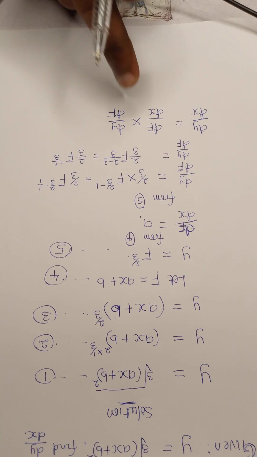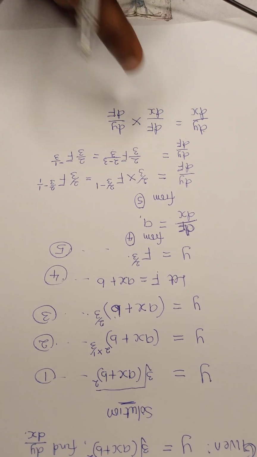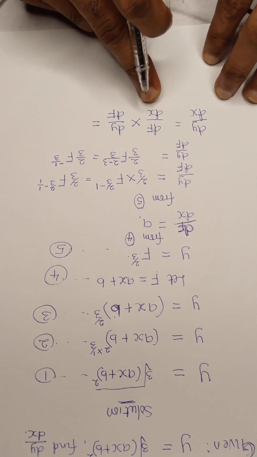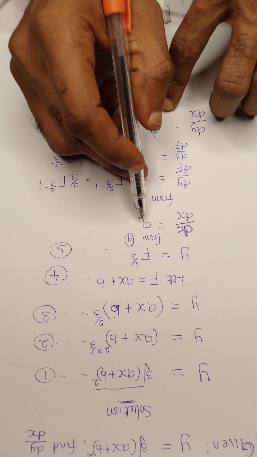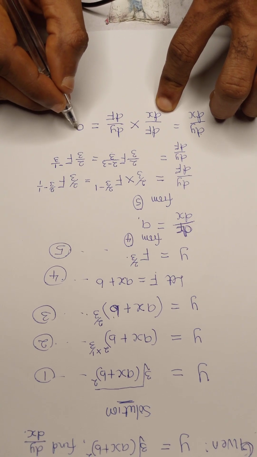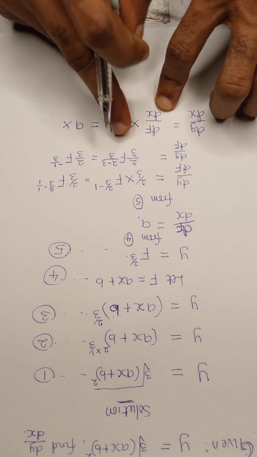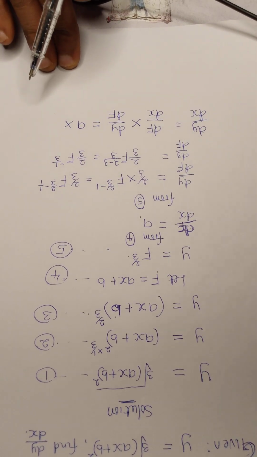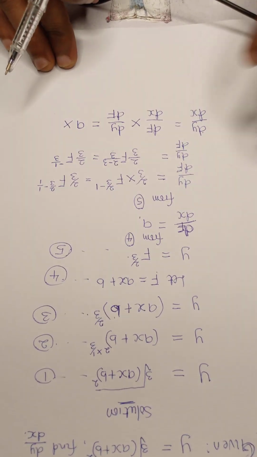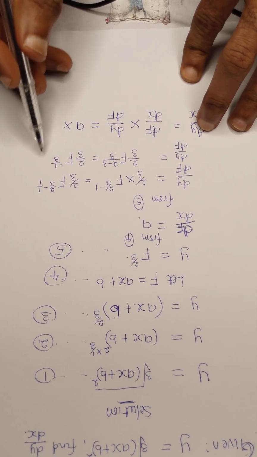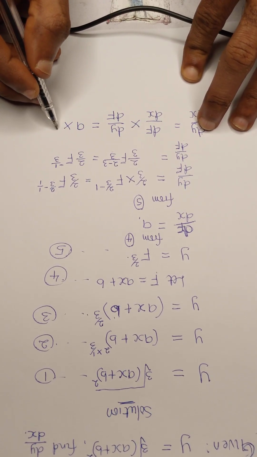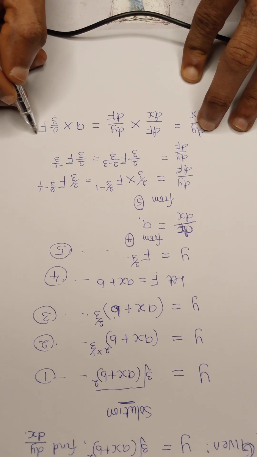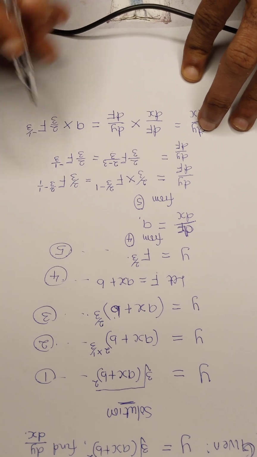If you look at the chain rule, this is the same thing as saying our dy over dx is a, so we have a here times our dy over df. This is the value of our dy over df, which is 2 over 3 f raised to the power minus 1 over 3.